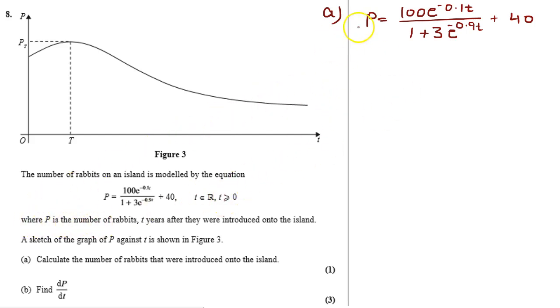P is the number of rabbits. T is the year after they were introduced into the island. A sketch of the graph of P against T is given.